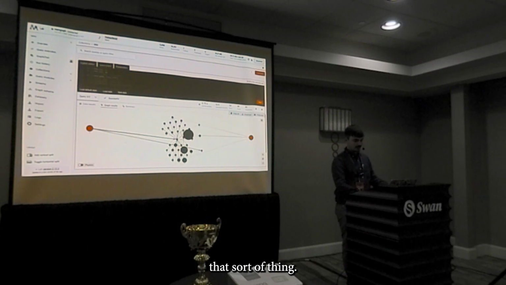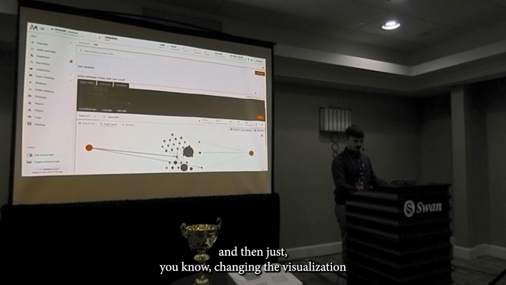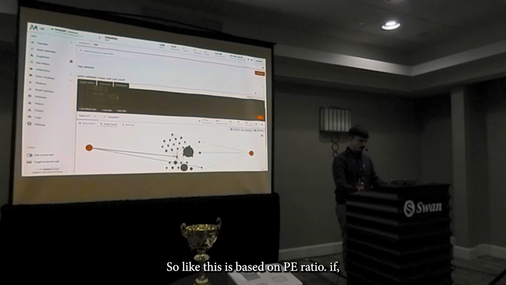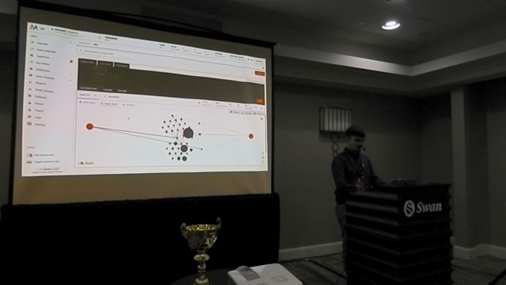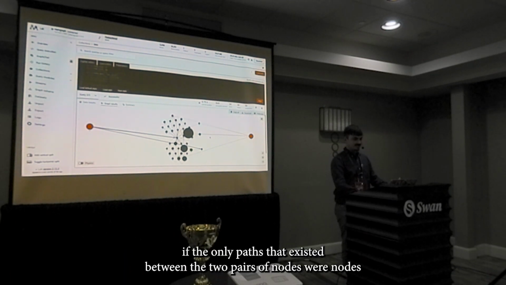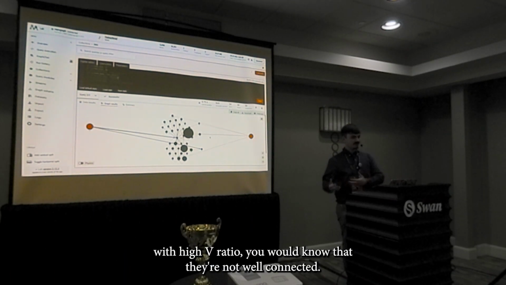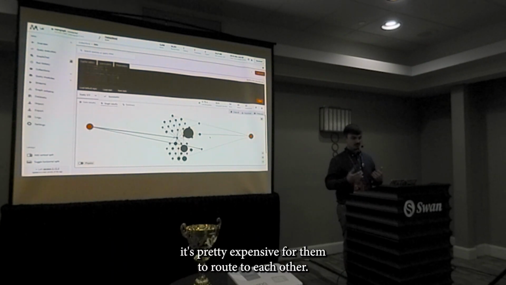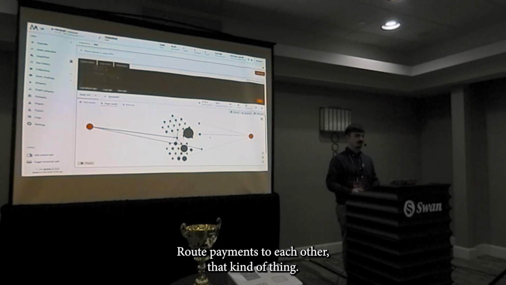And then changing the visualization based on different aspects of the node. So this is based on fee ratio. If the only paths that existed between the two pairs of nodes were nodes with high fee ratio, you would know that they're not well connected. It's pretty expensive for them to route payments to each other, that kind of thing.